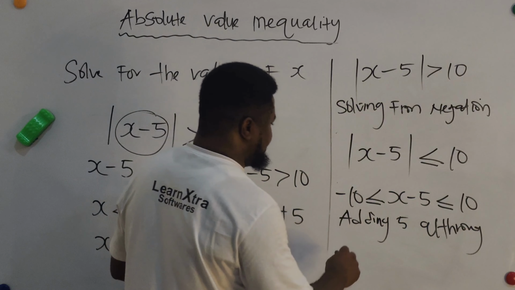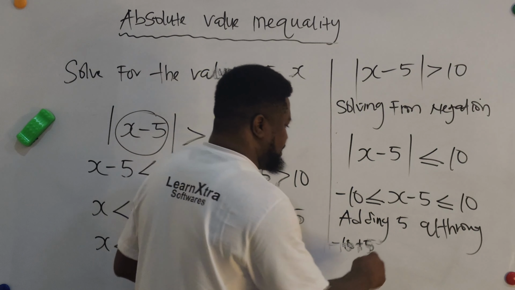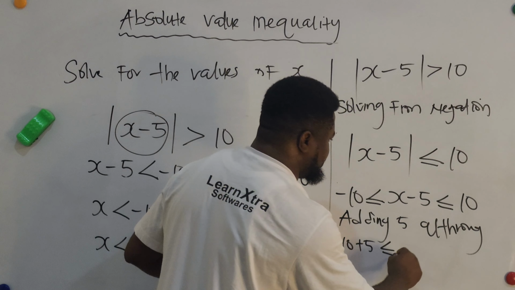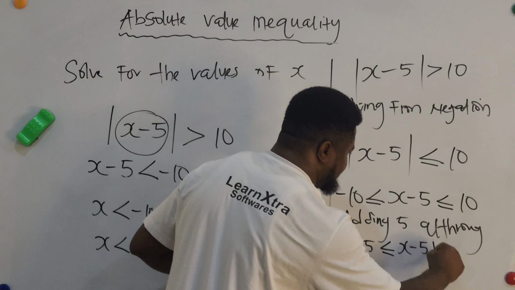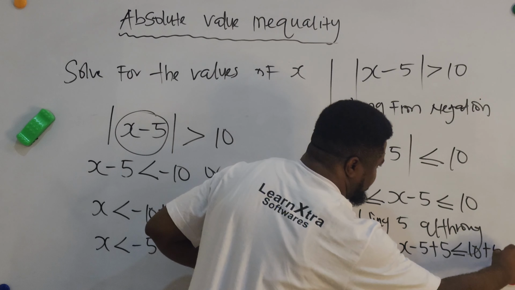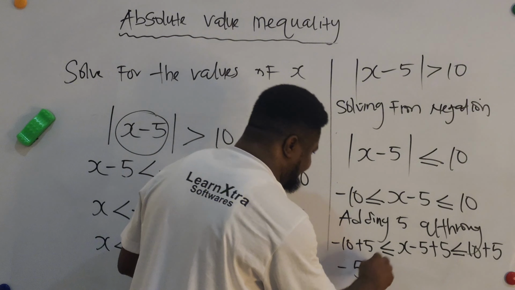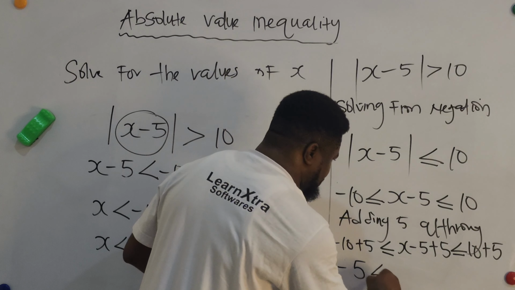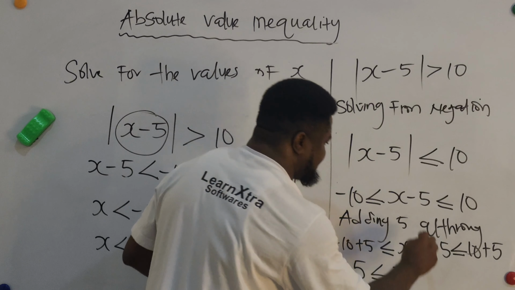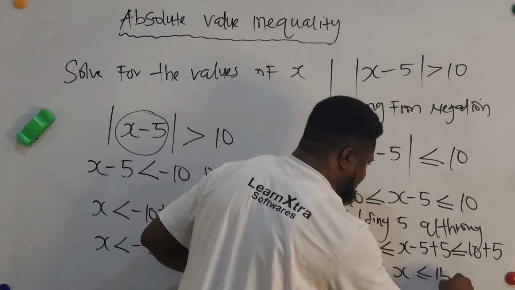That will be minus 10 plus 5 is less or equal to x minus 5 plus 5, that's equal to 10 plus 5, and this is equal to minus 5 is less or equal to x, less or equal to 15.